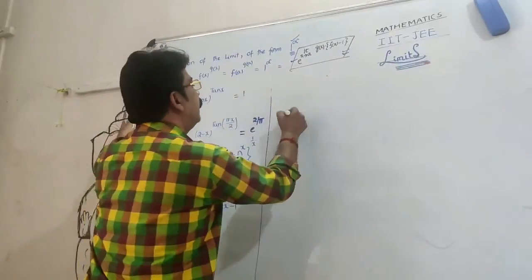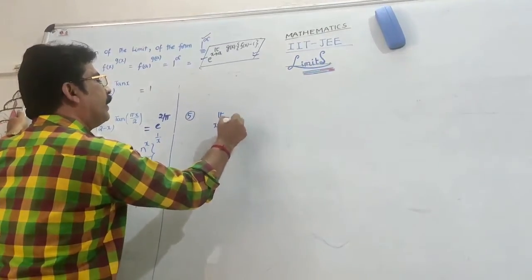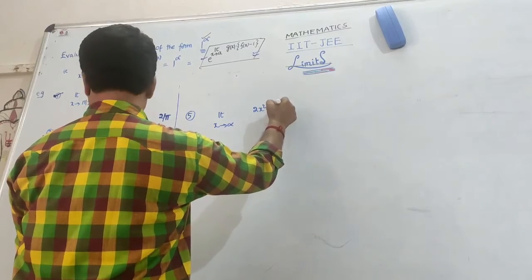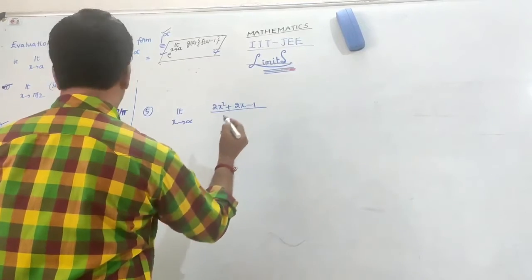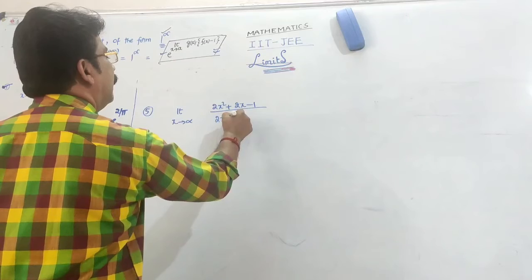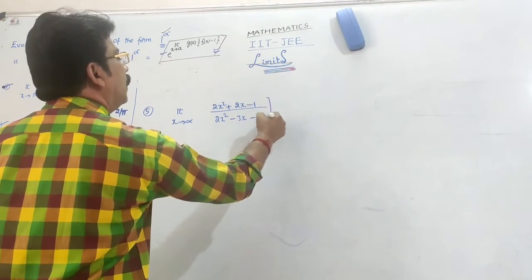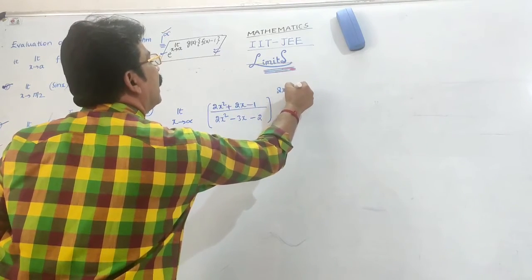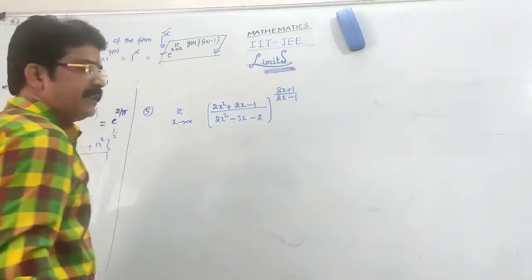Fifth question. Question number 5. Limit x tends to infinity, (2x square plus 2x minus 1) whole divided by (2x square minus 3x minus 2), whole to the power of (2x plus 1) divided by (2x minus 1).